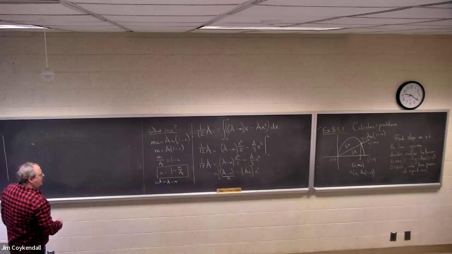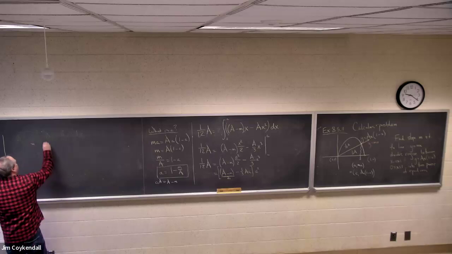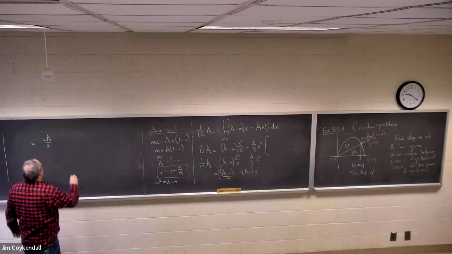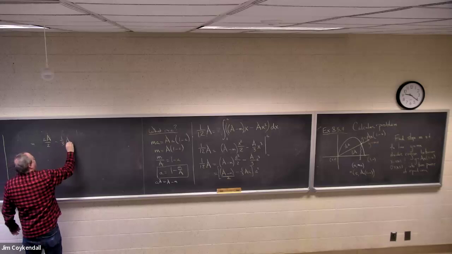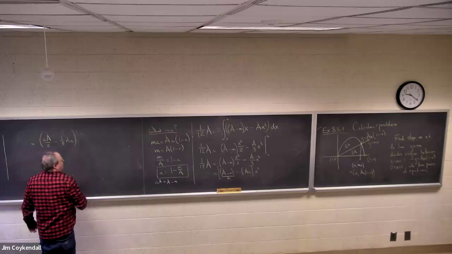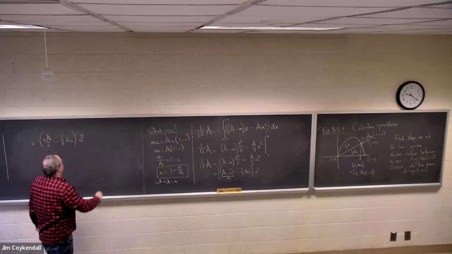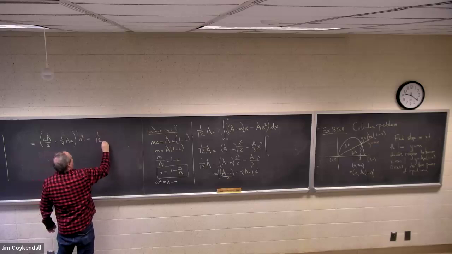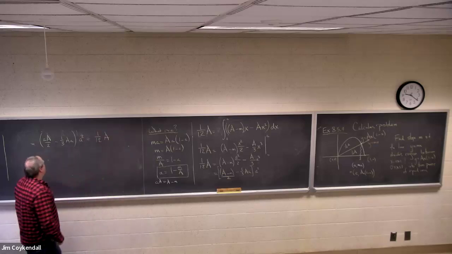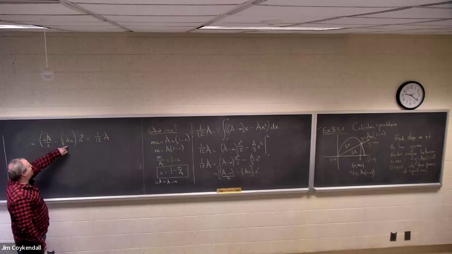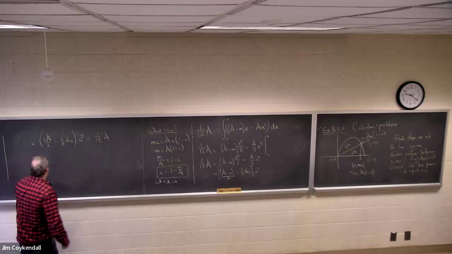So this should be capital A over 2 minus 1/3 A times little a squared is equal to 1/12 A. And this is cool because the A's cancel out, capital A that is.